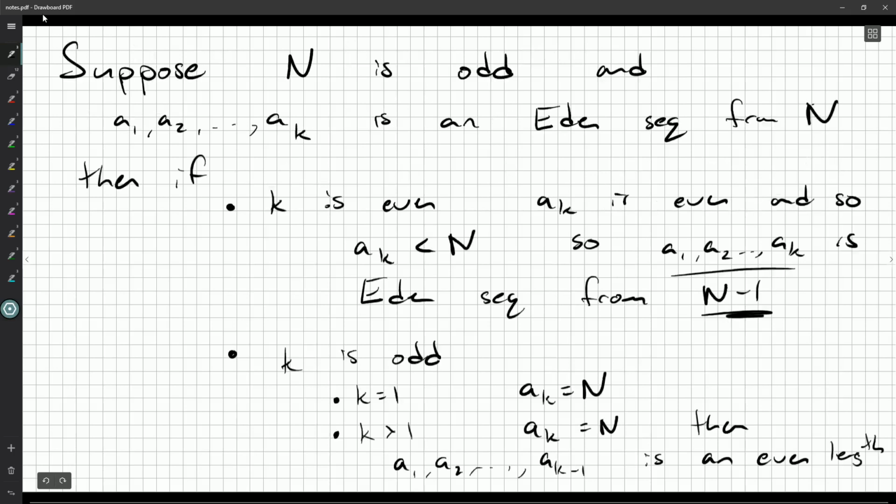So if I've got an even length sequence coming from 1, 2, all the way up to n, if it's even, then I know it must just be a duplicate even sequence from the previous value of capital N. If you're looking at an odd sequence, you have more possibilities. It could just be n itself. Or it could end in n, and then the first bit is an even length sequence coming from n minus 1.